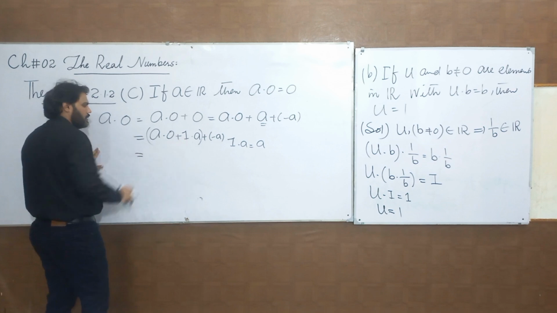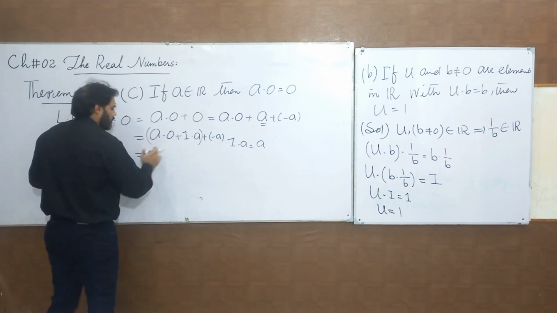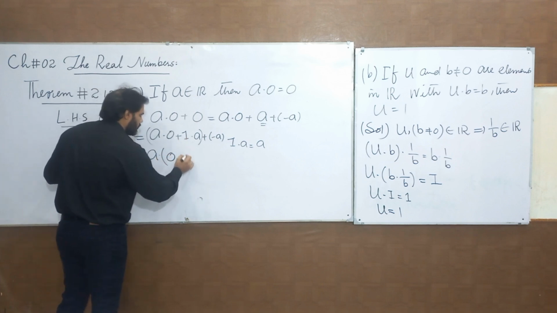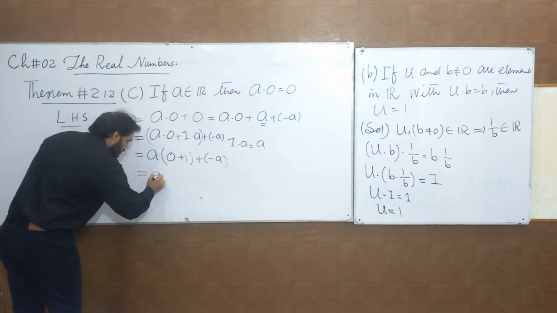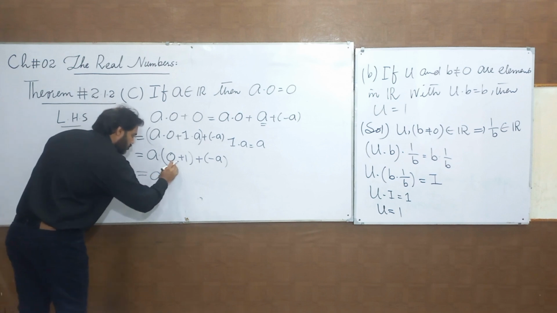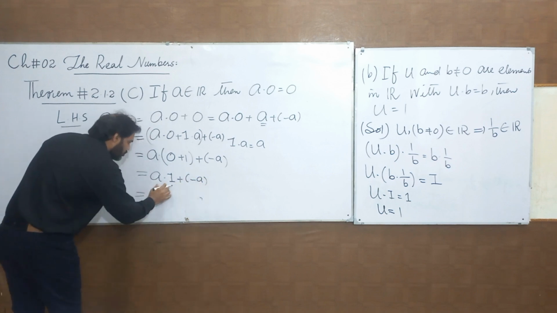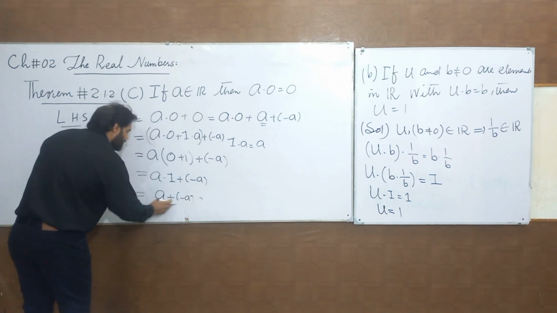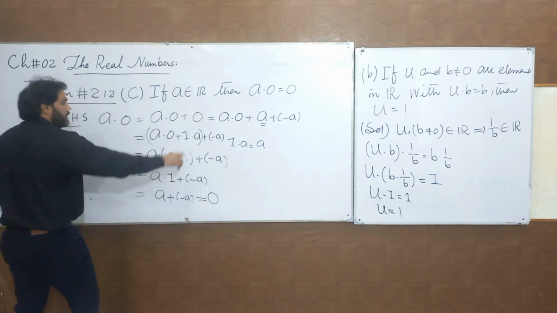By using the distributive law, or by taking a as common, you can say this is a into 1 plus minus 1. 0 is the additive identity, so when we add 0 to 1, this gives 1 plus minus a. A into 1, simple, this is equal to a, and this is minus a. As a and minus a are the additive inverse of each other, this is equal to 0. That is required.